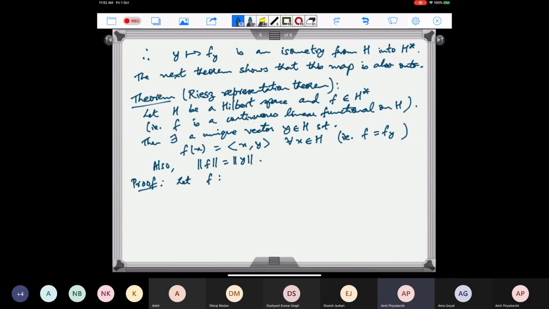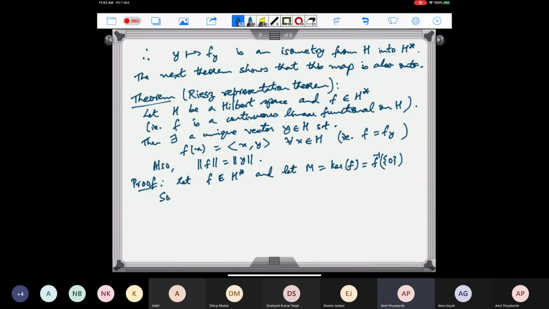So let f be in H star and let M is equal to kernel of f. So this is nothing but f inverse of singleton 0.